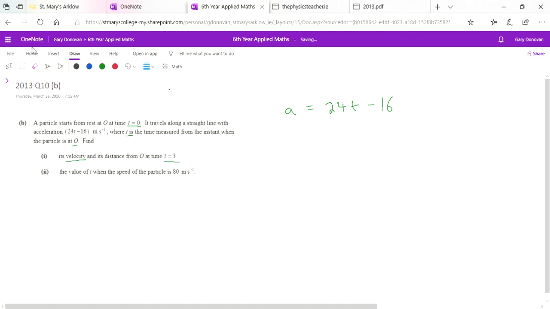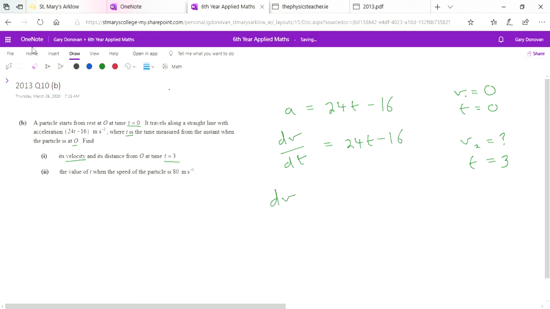So let's start with velocity. It starts from rest, so its initial velocity is 0, and the initial time is obviously 0. We're looking for its velocity when the time is equal to 3. So we're going to use dv/dt here, because we're looking for a relationship between velocity and time, equals 24t minus 16.